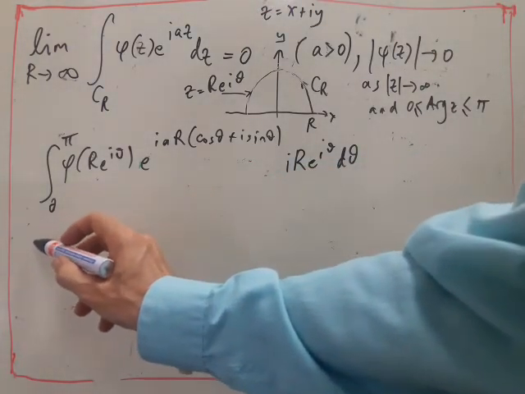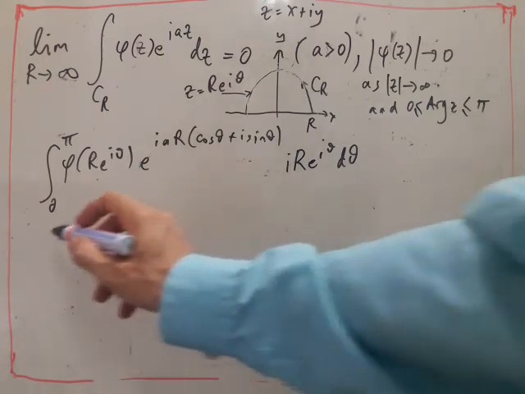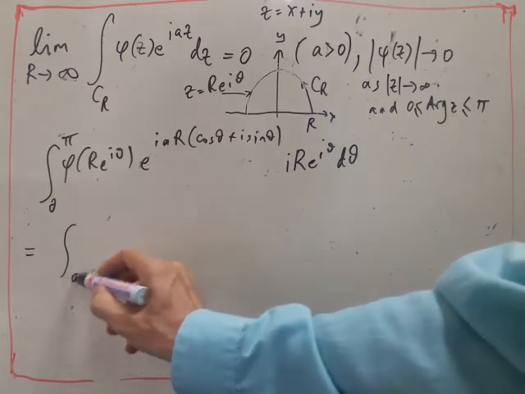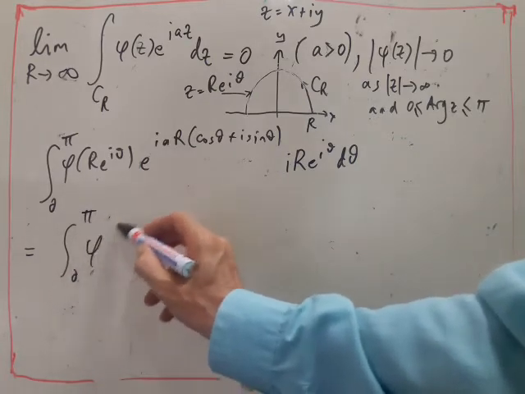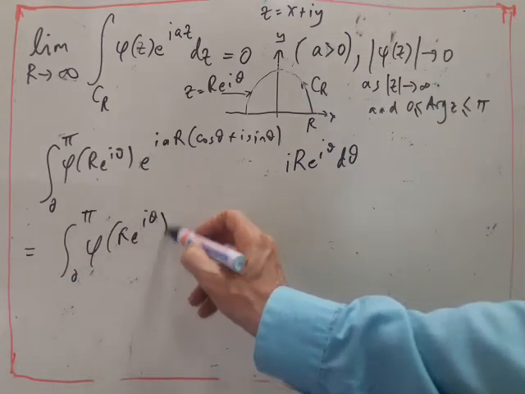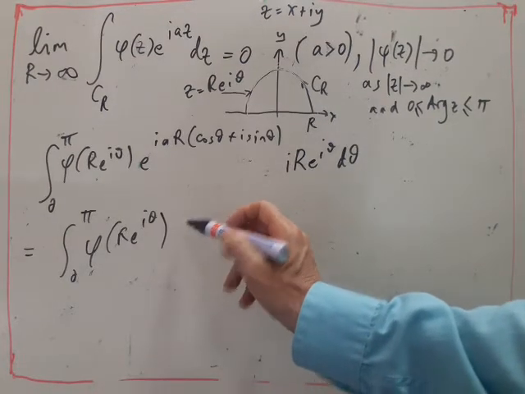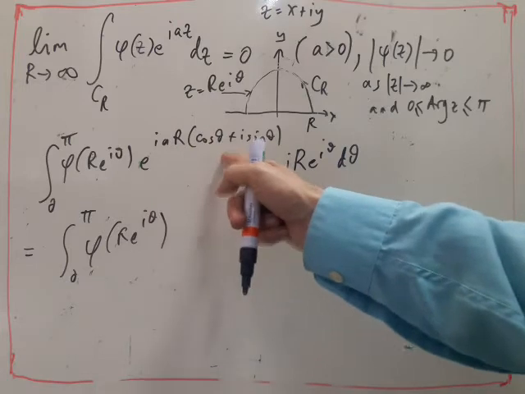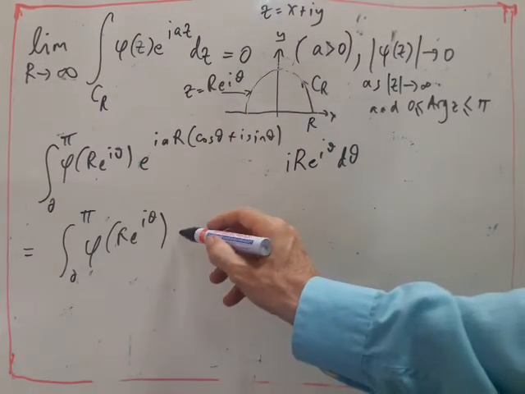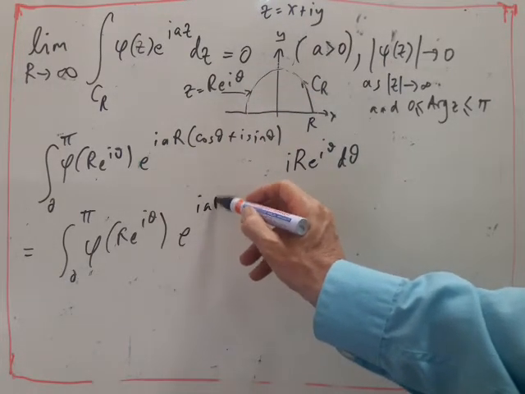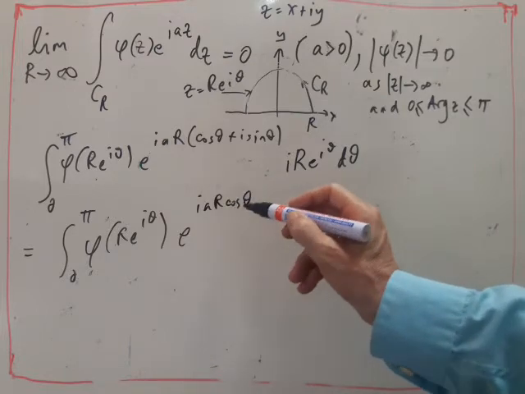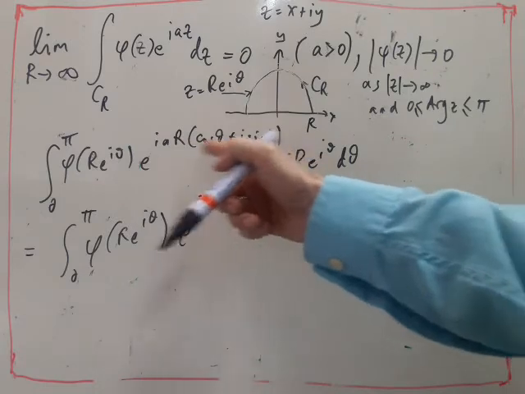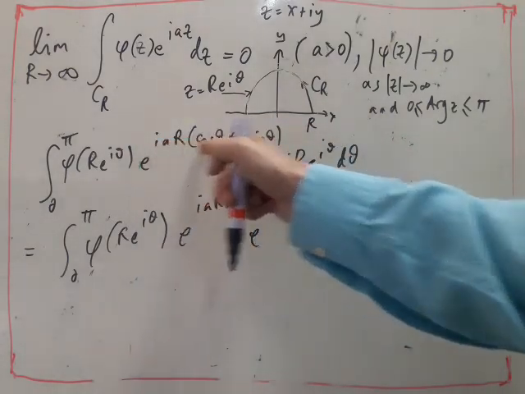I'll just make one simplification first of all. The e^(iθ) bit is just modulus 1, so I'm not really worried about that. The bit I'm worried about is the bit which is not imaginary.